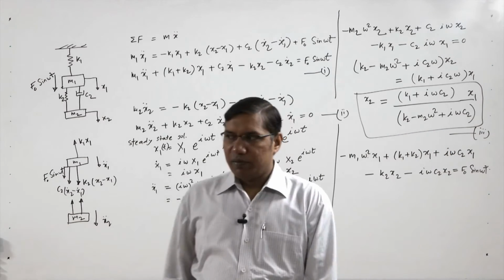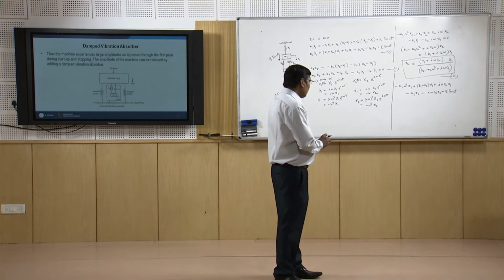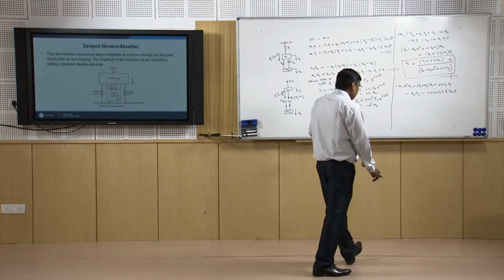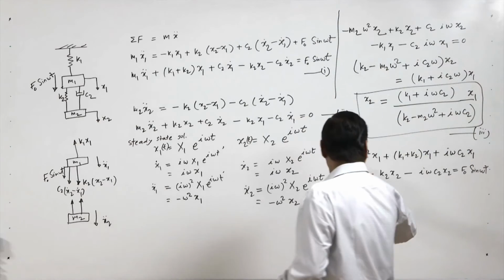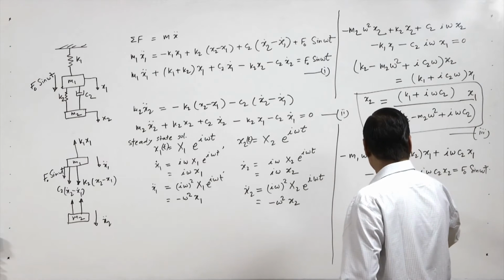Okay, so we have written this. Now we have to write the equation in terms of X1 and X2.